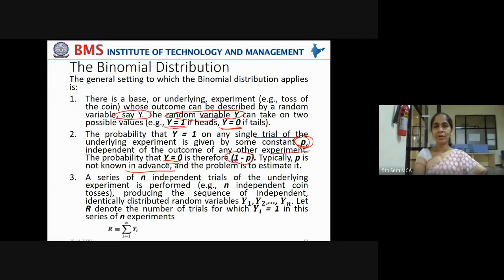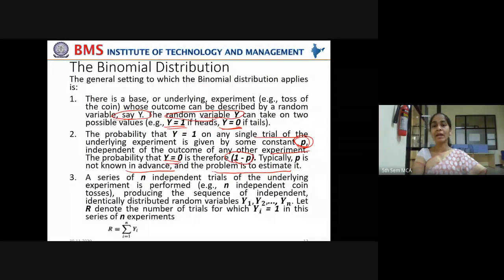Nobody knows the probability until we perform some experiment and assign some probability to it. Typically, this probability is not known in advance, and the problem is to estimate it. Unless we perform some experiment and estimate or guess that probability, we don't know it in advance.